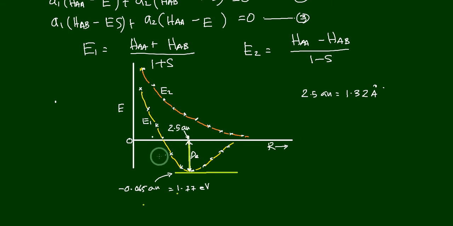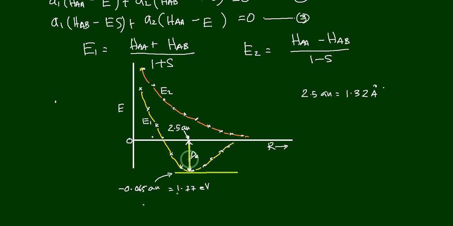Internuclear distance is plotted on this axis and energy on this one. So when the internuclear distance is 2.5 atomic units, the energy is minimum. That corresponds to a bonding situation: it is energetically feasible for H+ and a hydrogen atom to come together to form H2+, which then sits at a lower energy level.